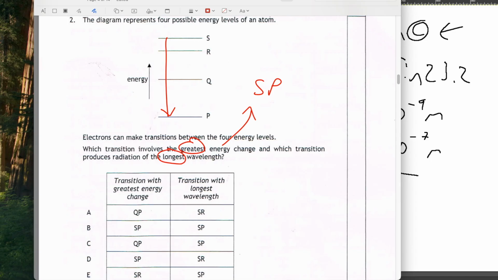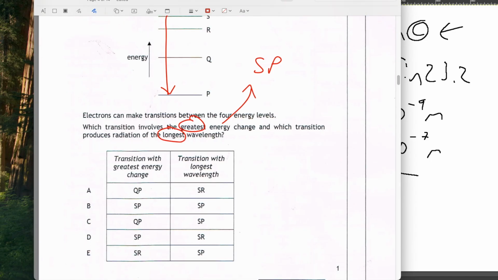Longest wavelength, they're trying to trick us. Longest wavelength means what? Longest wavelength means low frequency. Roll and shove, remember? Long wavelength means low frequency. Low frequency means low energy. So it's saying longest wavelength, but it means low energy.